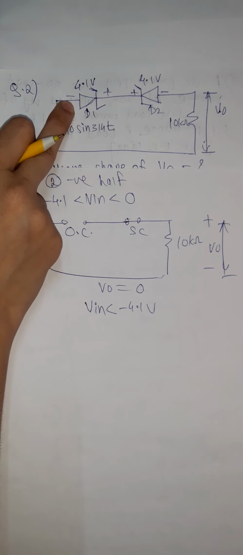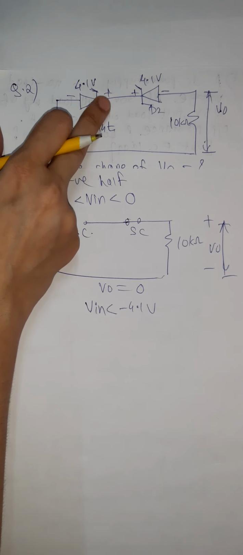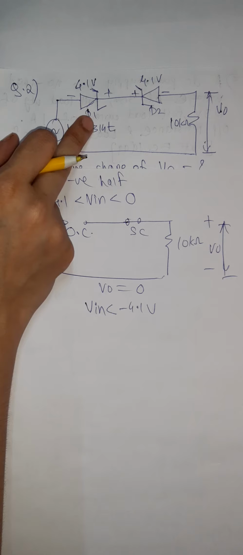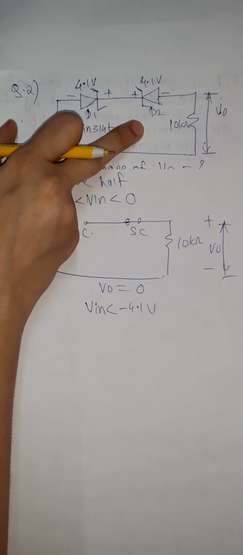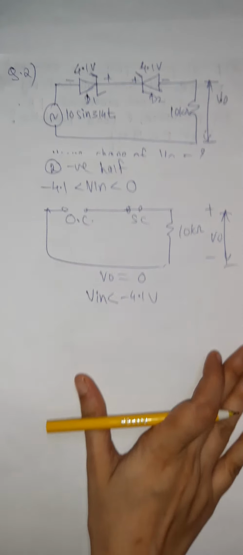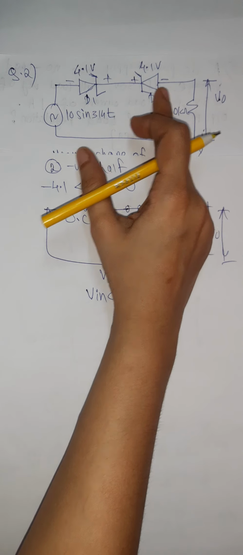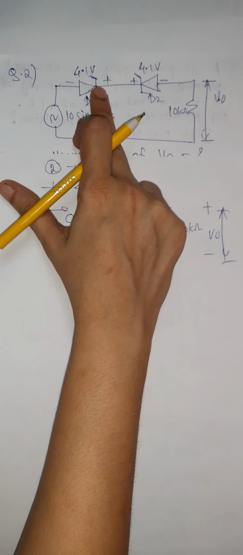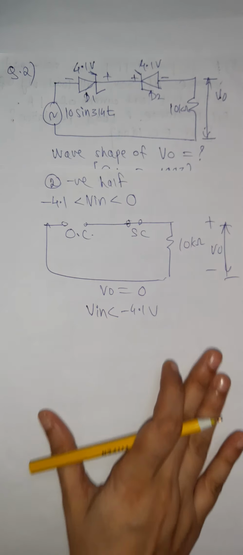So the negative terminal of diode D1 has a negative value and the positive has the value 4.1. So diode D1 will act as a normal diode, that is a voltage source, it is in reverse breakdown region, and diode D2 will act as short circuit.